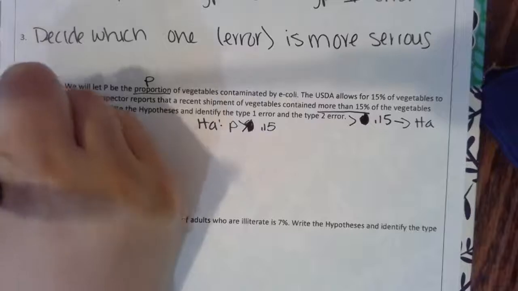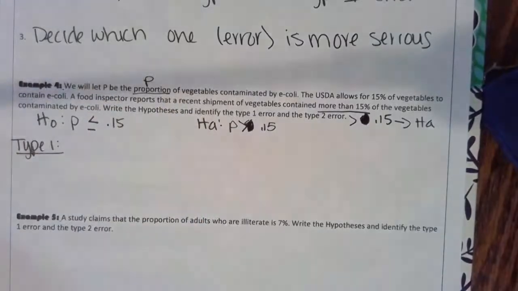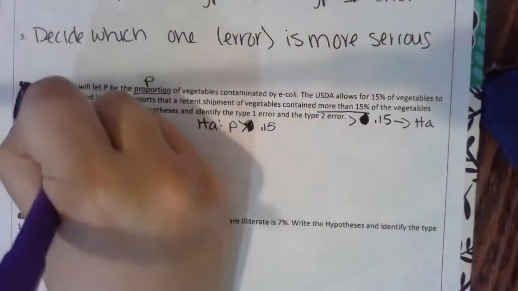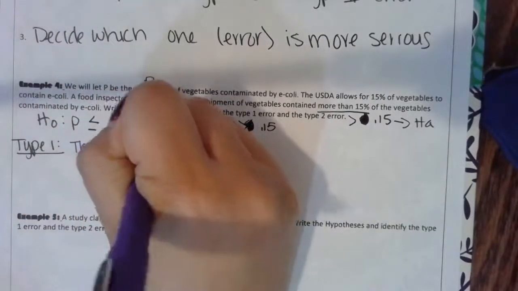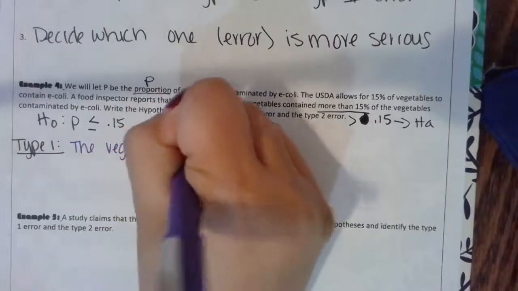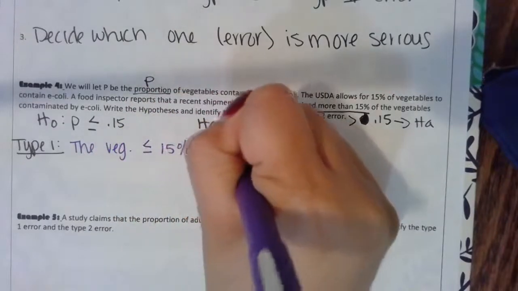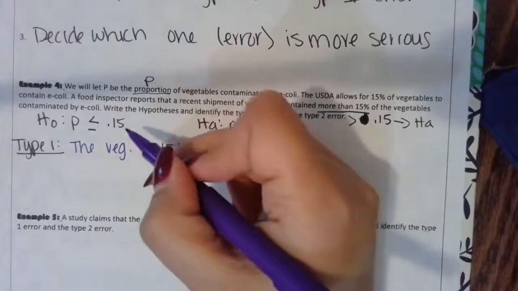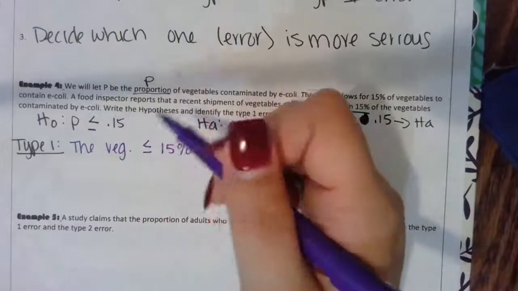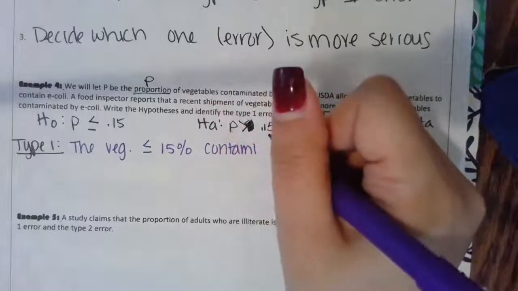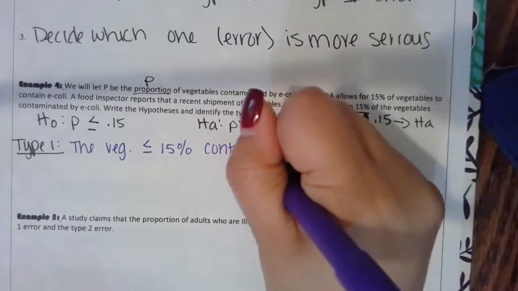Okay, a type 1 error would look like this: our vegetables have less than or equal to 15% contaminated, because that is our null set. Remember, we're going with the null set. Our null set is that less than or equal to 15% of them are contaminated.